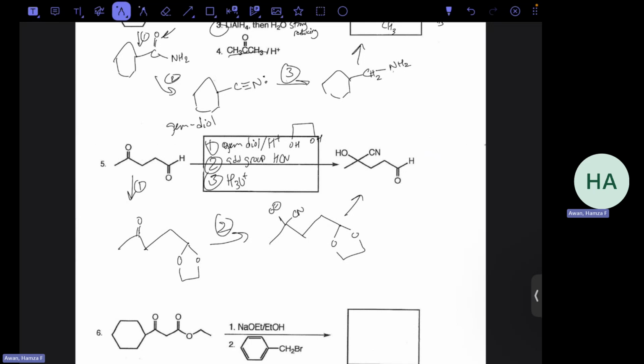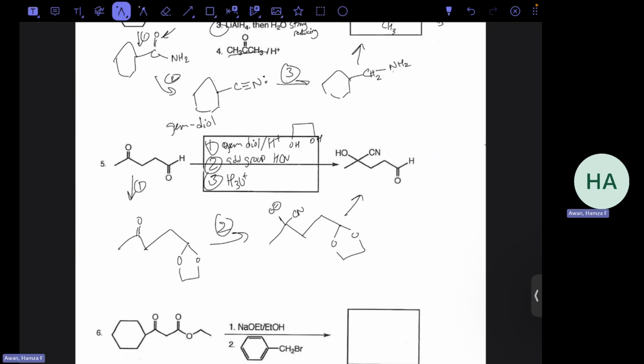Yeah, / H plus. If I didn't have the H plus, the reaction wouldn't be able to, the geminal diol would not be able to react with the aldehyde.